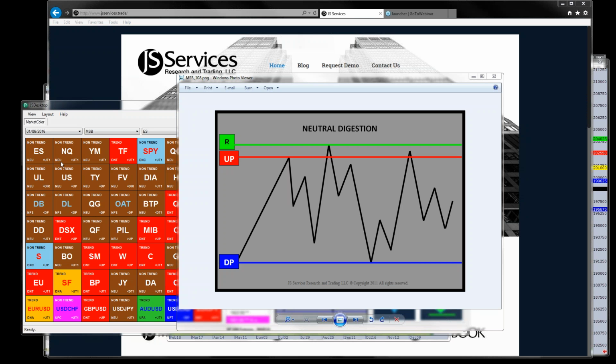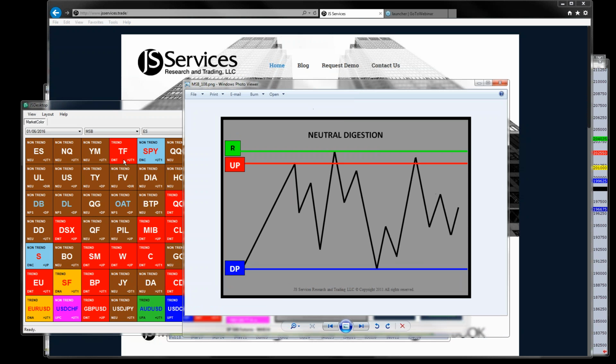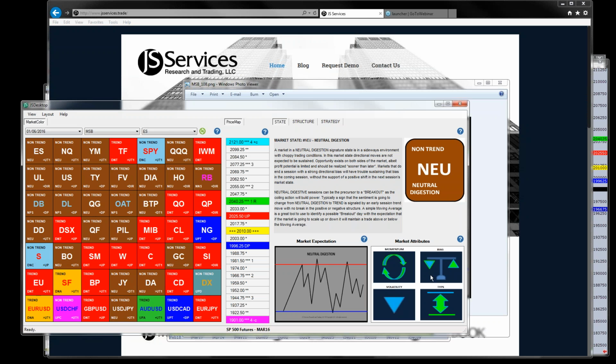So if this is the market state for the S&P today, and the market is in a neutral digestive state trading within this range, what's the expectation? More of a digestive day, more of a churn. You could see some volatility decrease.